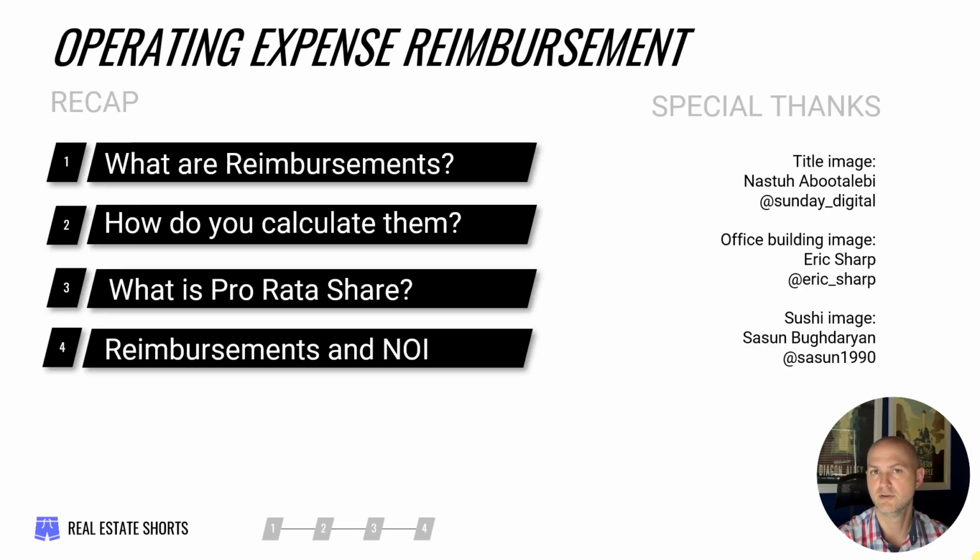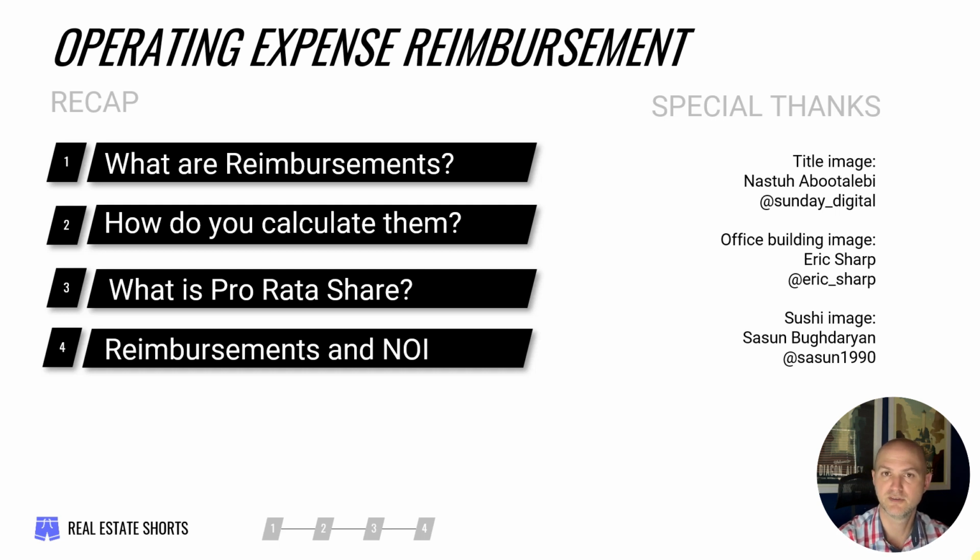Just to recap, I know this was a long one. First, what are reimbursements? It is a method for an owner to recapture, or get refunded, some portion of operating expenses. We calculate them typically based on the pro rata share of the tenant's space. In our example, the tenant occupies a third of the building, so let's pass along a third of the expenses.